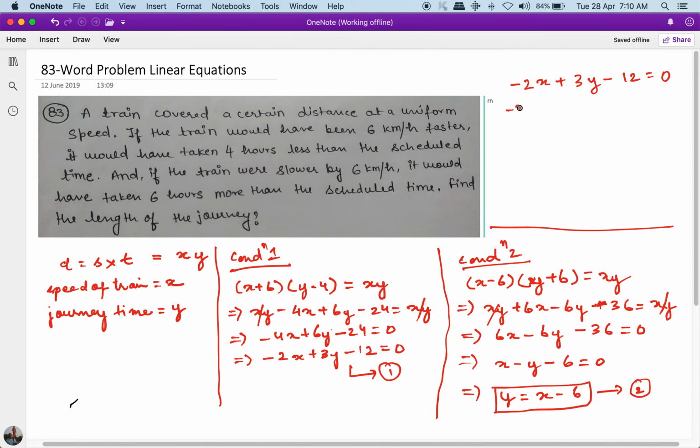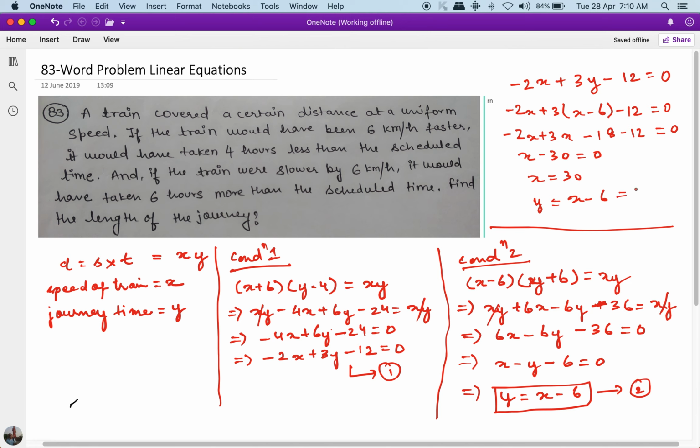Now minus 2x plus 3 times y, that is x minus 6, minus 12 is equal to 0. So minus 2x plus 3x minus 18 minus 12 is equal to 0. This becomes x minus 30 is equal to 0, or x is equal to 30. And because x is equal to 30, y is equal to x minus 6.